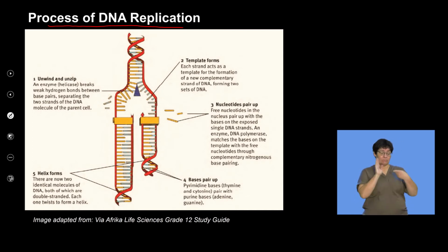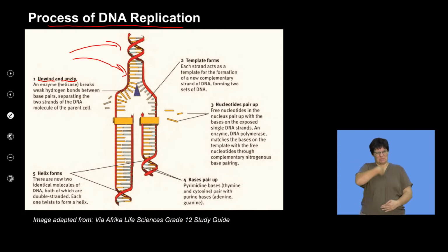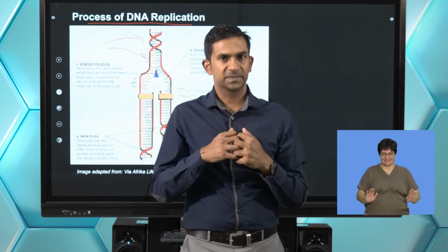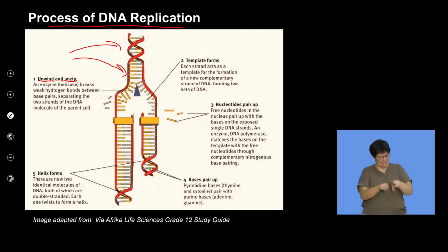The first process in DNA replication is that the DNA will unwind and unzip. Here we see the DNA molecule going through a process of unwinding and unzipping. A zip on a jacket allows you to open the halves that are combined together. Similar to that, DNA is held together by hydrogen bonds, and these bonds need to be broken.